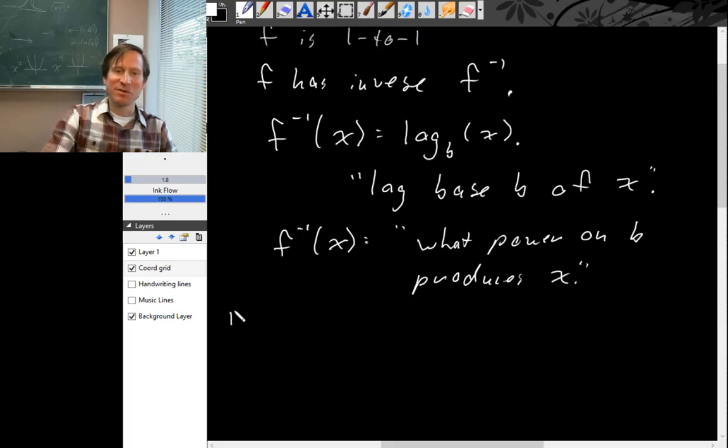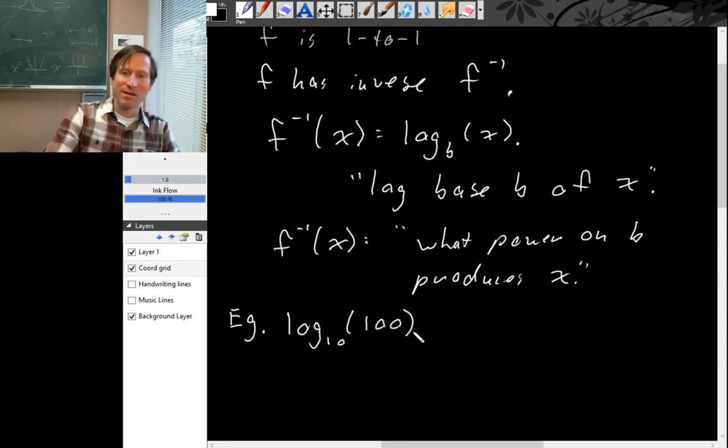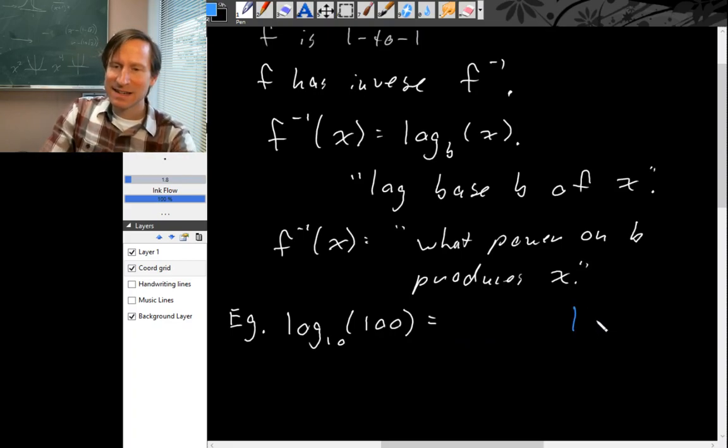So for example, let's evaluate log base 10 of 100. So what exponent on 10 would produce 100? Well, to turn 10 to a power into 100, you'd square 10. You need a 2 up here, so that means this logarithm is 2.